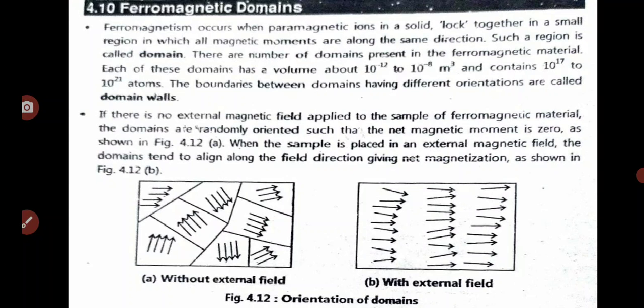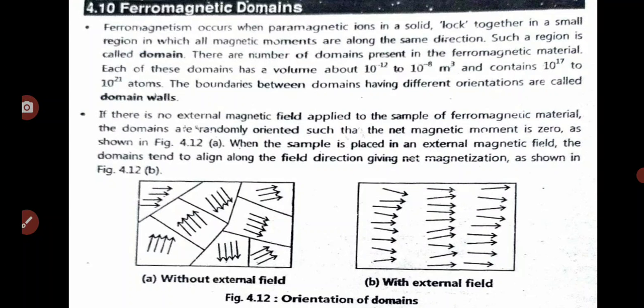These are very microscopic properties of the material. This very small region has a volume of about 10 to the power -12 to 10 to the power -8 meter cube, and contains 10 to the power 17 to 10 to the power 21 atoms in each domain.